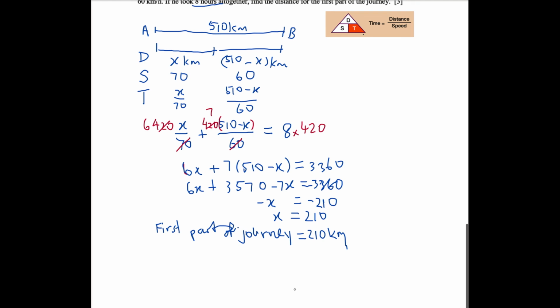And this ends the discussion of the test paper.